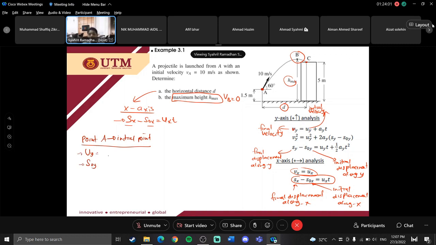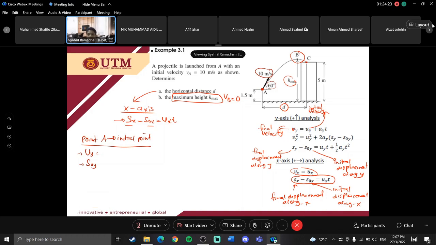So what is UY? Velocity along Y. You are given a velocity at an angle of 60 degrees from the horizontal, so you need to resolve this velocity.